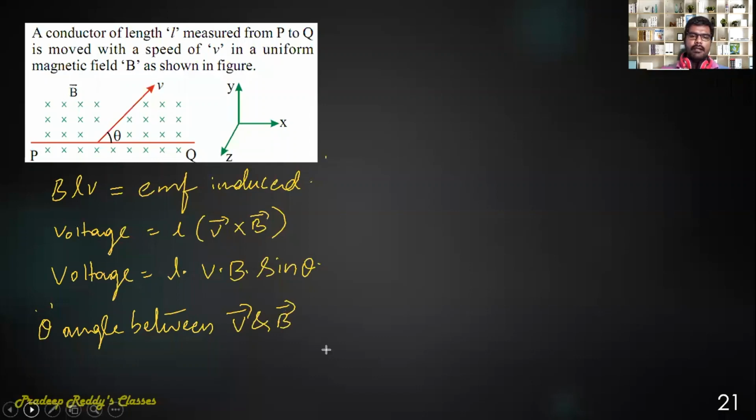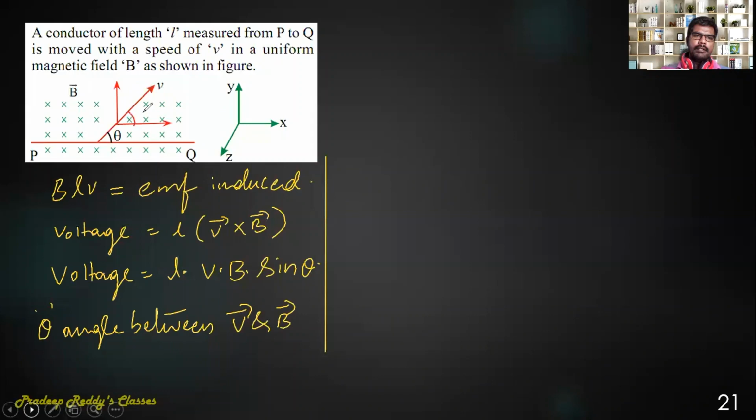Okay. Now I'll just represent the directions of the magnetic field, length of the conductor and velocity of the conductor. Now see here, PQ is a straight conductor and that is moving with velocity V. I can resolve this velocity into two components, one component along the horizontal, one component along the vertical.